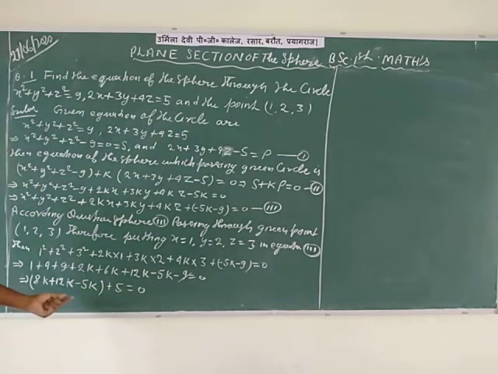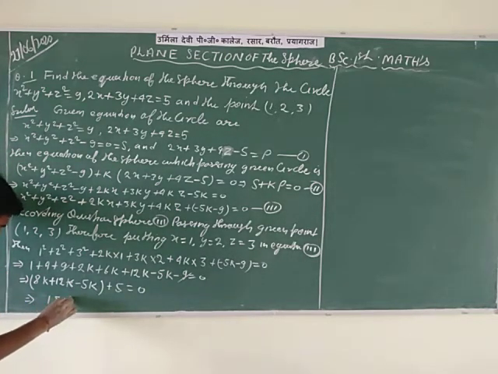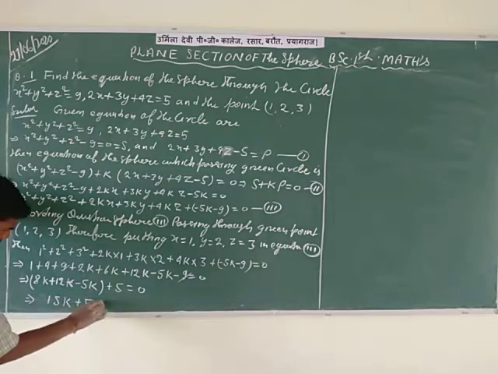Here 8k minus 5k is equal to 3k. 3 plus 12 is equal to 15. So 15k plus 5 is equal to 0.